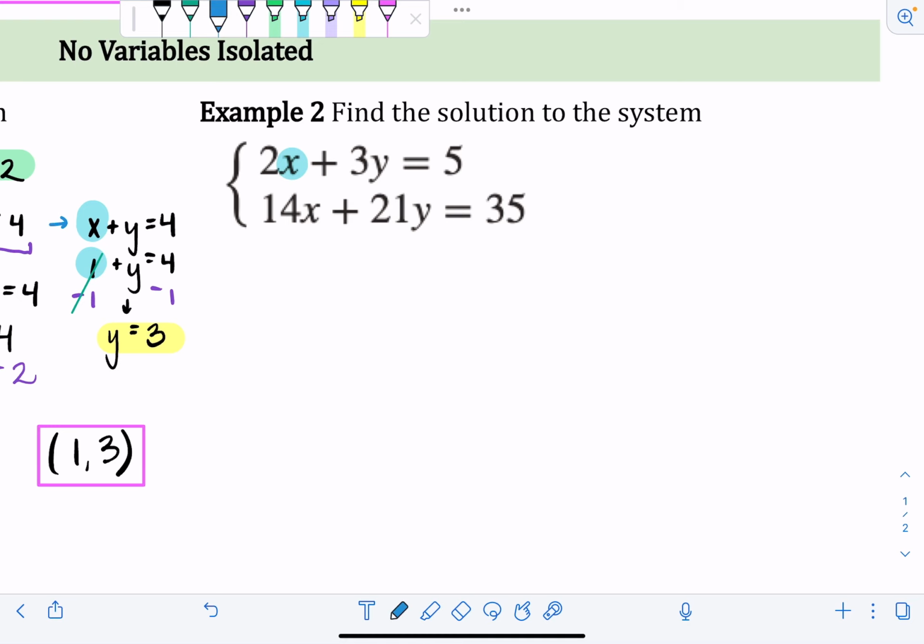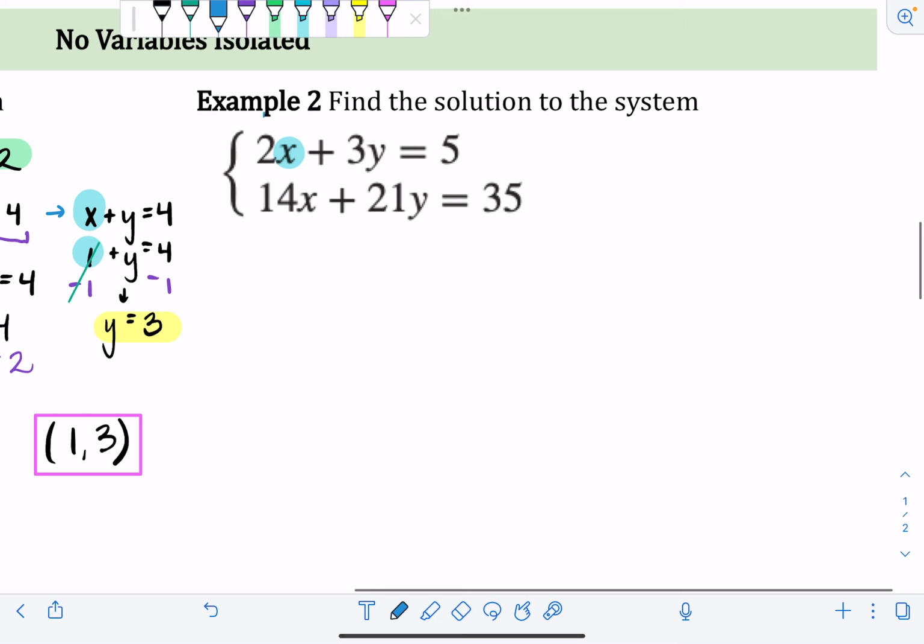That means I would have to end up dividing the entire equation by 2, which you can't do evenly with 3 or 5, so that would be tricky. Same thing here: if I wanted to isolate y, I would have to divide everything by 3, which I can't, and the same goes for the second equation. So I would say this is the most challenging problem that you'll see for this type of solving method. So just bear with me.